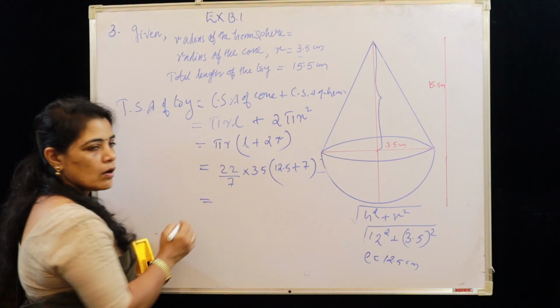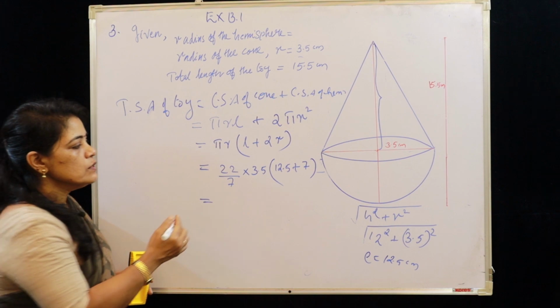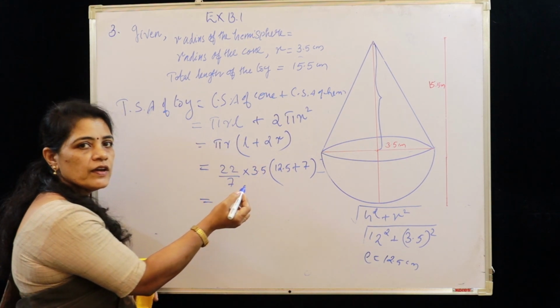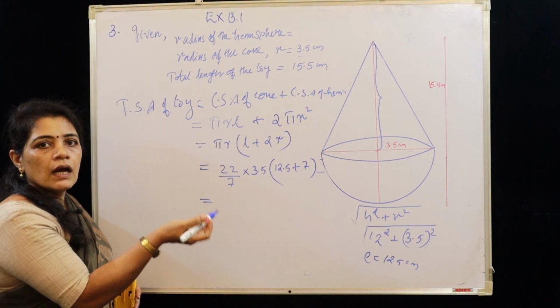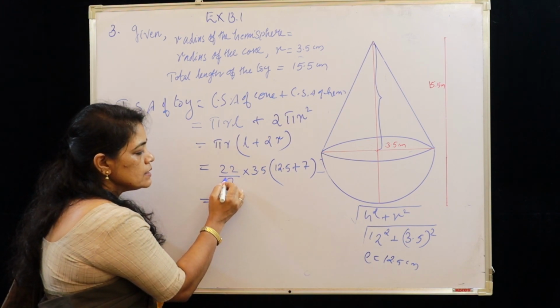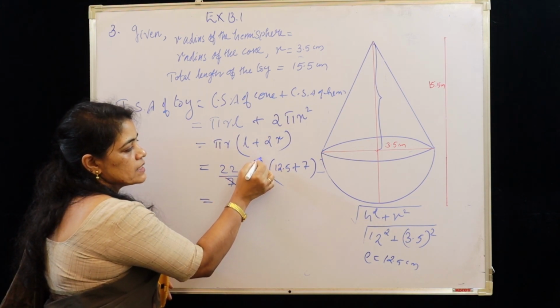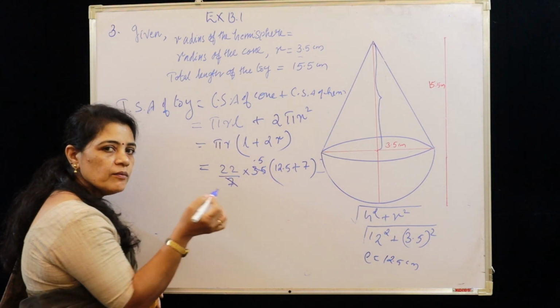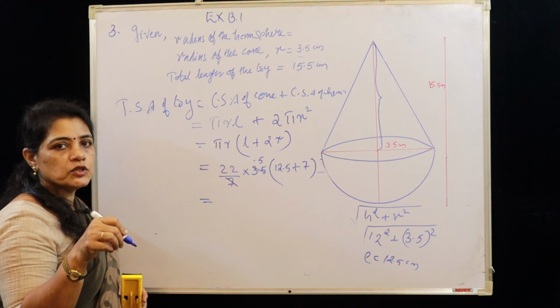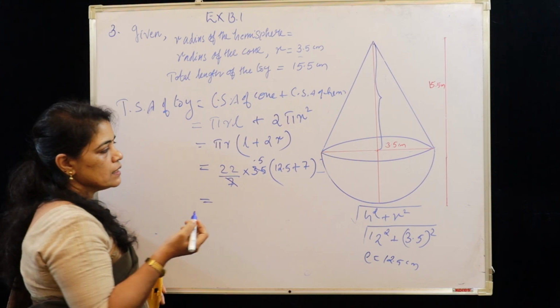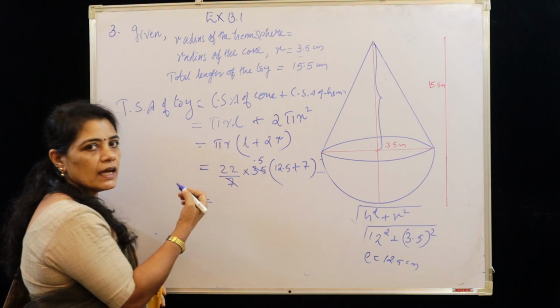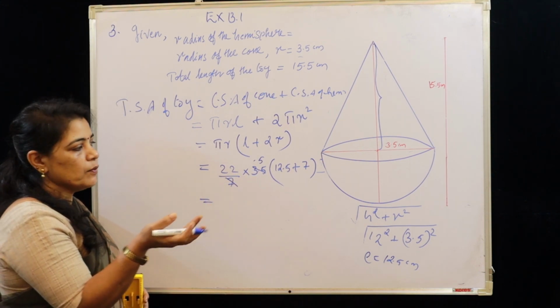Now we are going to solve this. Either 3.5 can be written as 35 by 10, or 7 by 2, you can calculate in that way also, but since it is a simple one, I am not eliminating the decimal point.